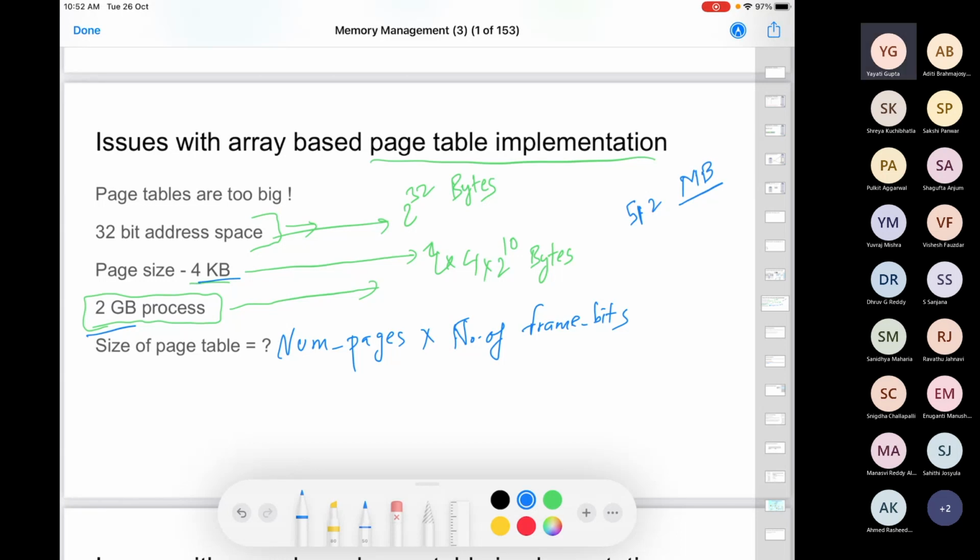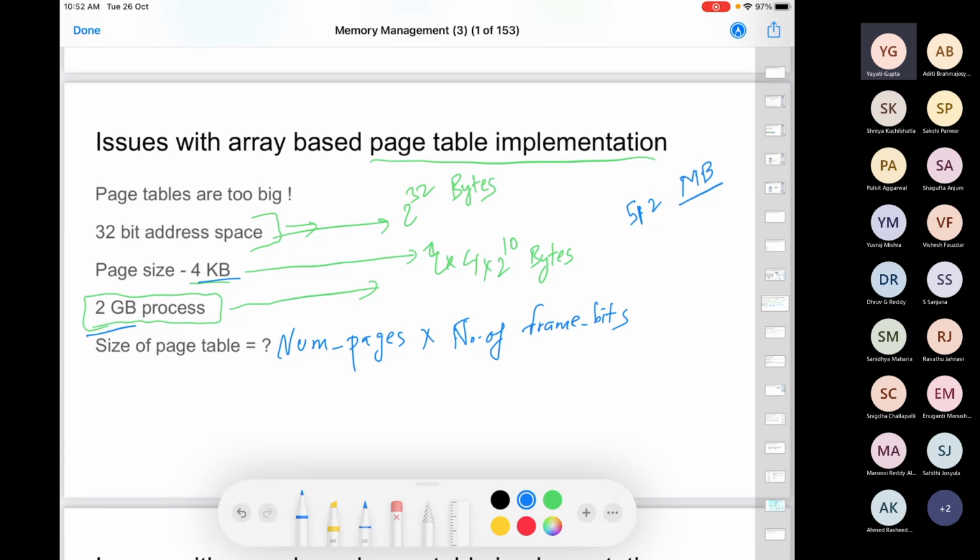Okay. Does anyone else have a different answer? So how many pages do we have? So number of pages is how much?